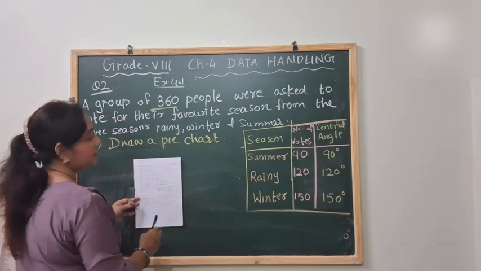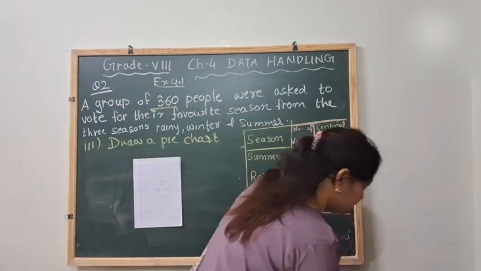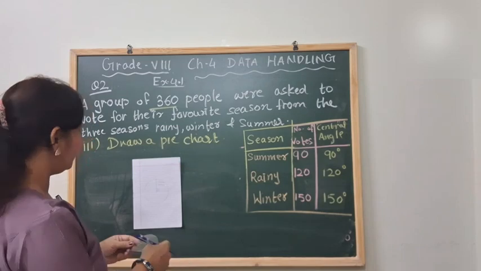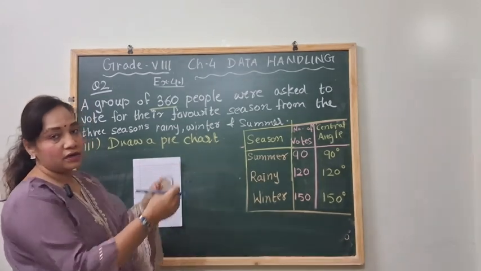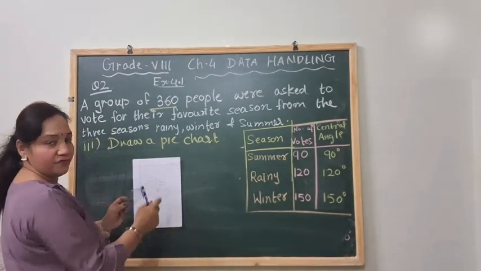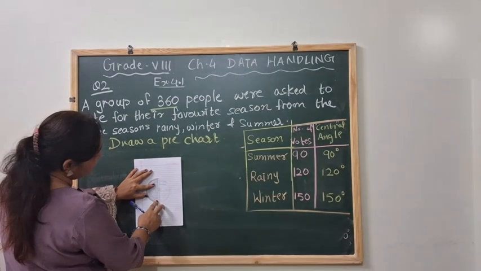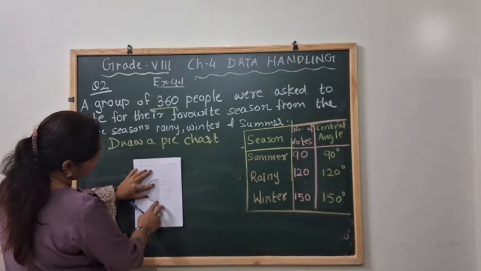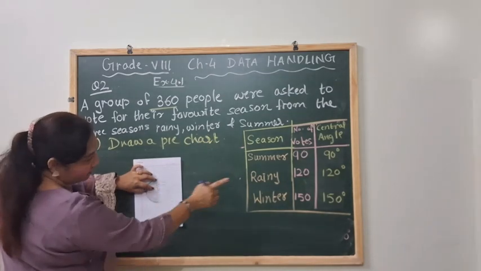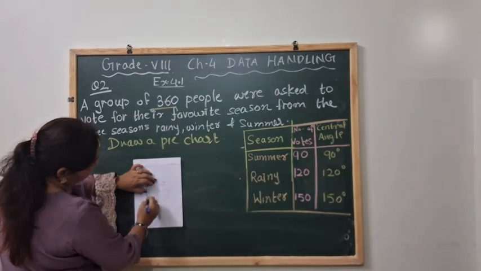Now next is 120, that is rainy season. How will you place your protractor? The base and this line we will match. I have matched the center point, the radius and the base of the protractor. Starting from 0, I have to mark 120 degrees. 0 starts from here and 120 ends somewhere here.